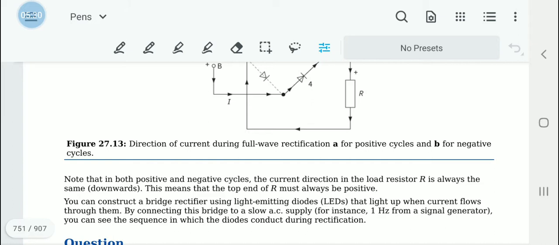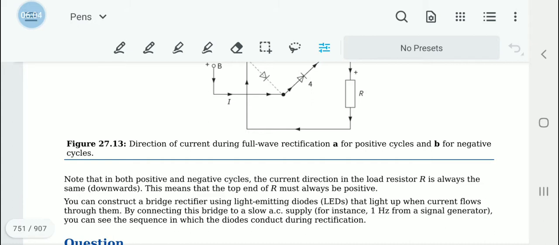So using light emitting diodes, we can create a bridge rectifier. A light emitting diode will light up when a current flows through it. If we connect this bridge to a slow AC supply, we can see how the diodes conduct during the rectification.